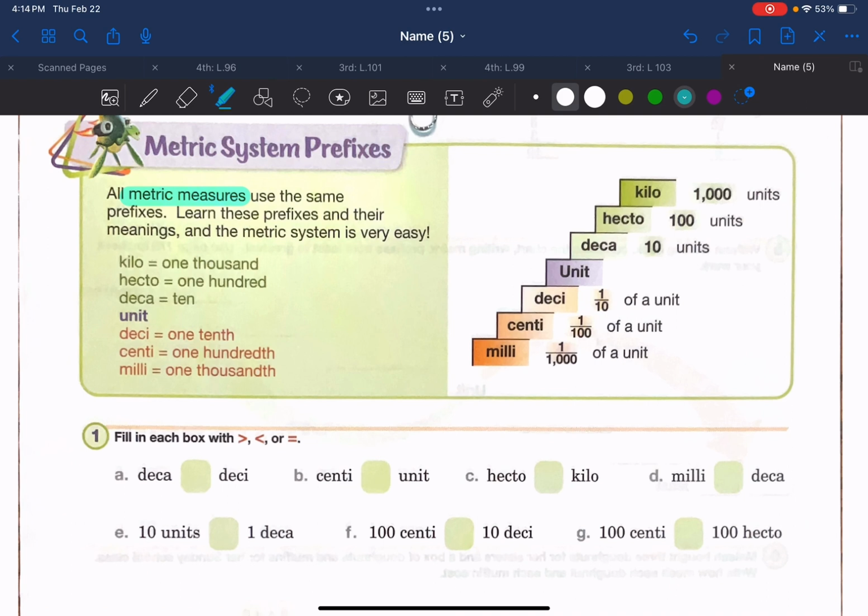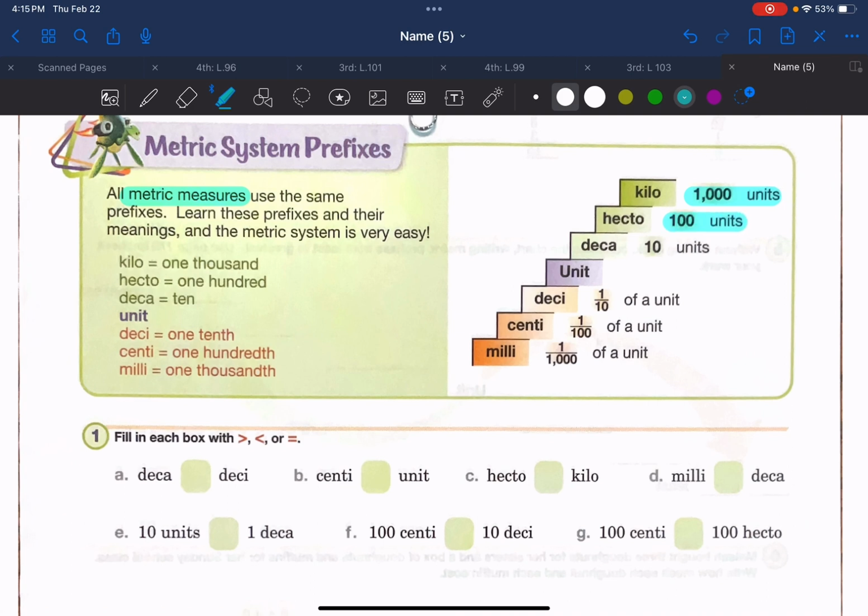Kilo means 1,000. So if we're talking about kilometers, you have 1,000 meters, you get to a kilometer. Hecto means 100. Okay, so over here you see 1,000 units. Then you see 100 units.